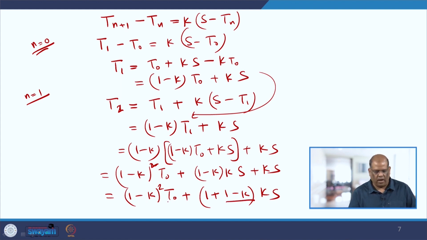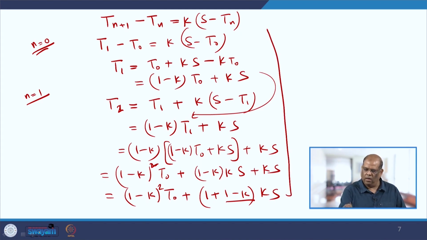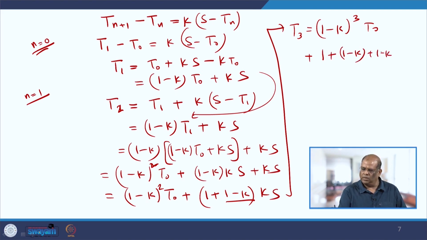In a similar manner, if I go for T3, this will be (1 minus k) cube into T0 plus (1 plus (1 minus k) plus (1 minus k) square) into kS, and so on.